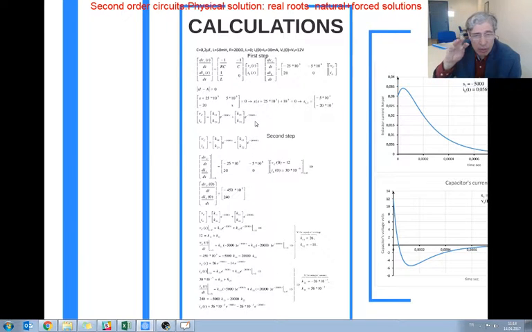Now the difference between the mathematical solution and this solution appears here, because in the mathematical solution, in order to calculate the k values, you've got to calculate the particular solution and then use the initial conditions to find the k values. Here, we are trying to find the natural solution.